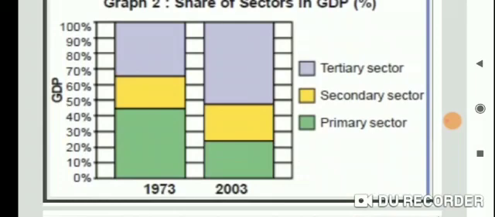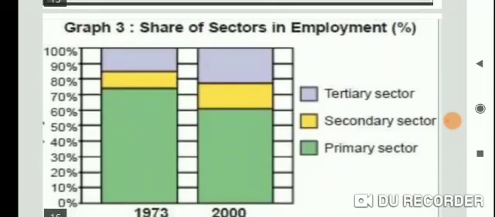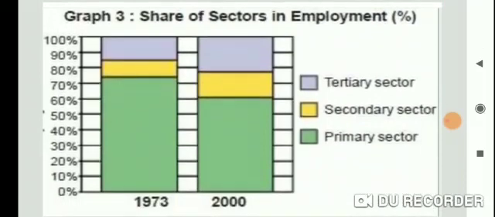Yes, see, because the demand also grows due to greater development of the primary, secondary and tertiary sectors. For example, I have already discussed that they require more services like transport, trade and storage, and this graph shows that GDP increased between 1973 and 2003. Next, the employment share, 1973 and 2000, is also increasing in the tertiary sector, and secondary and primary.